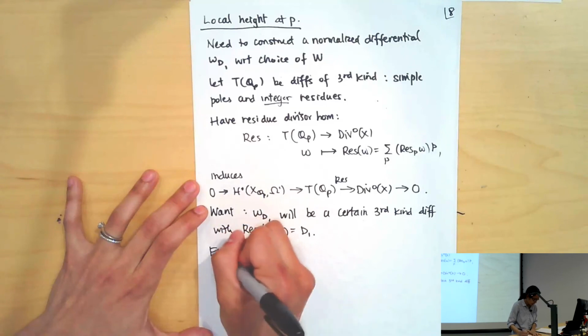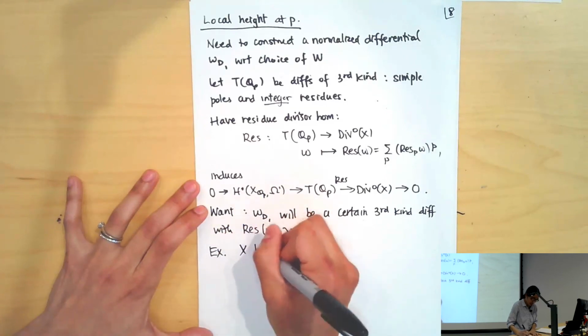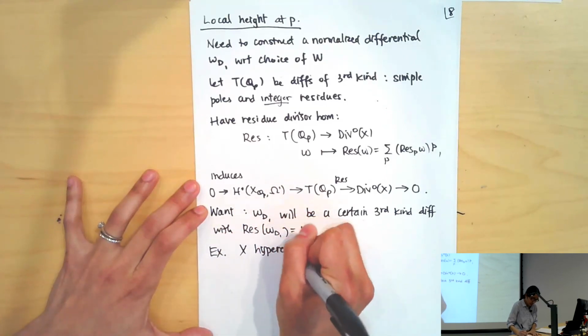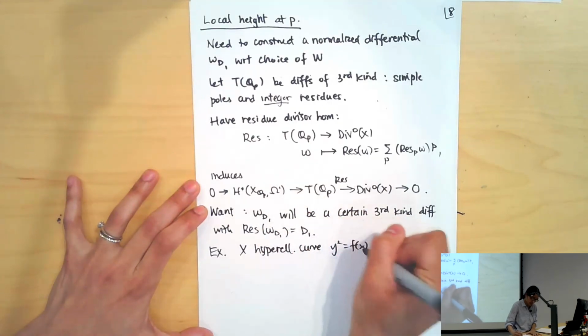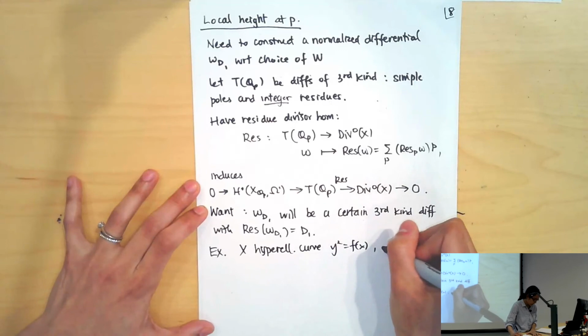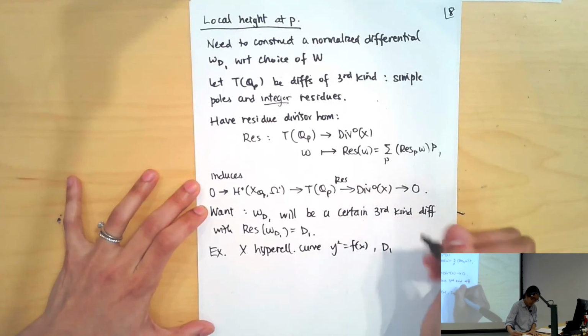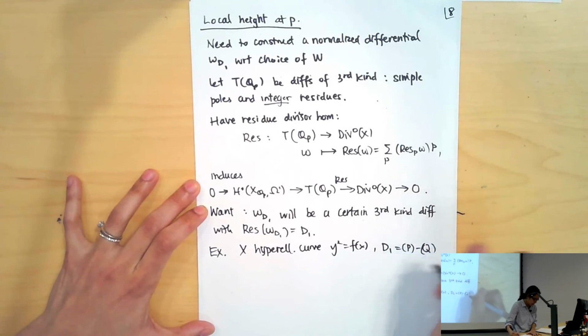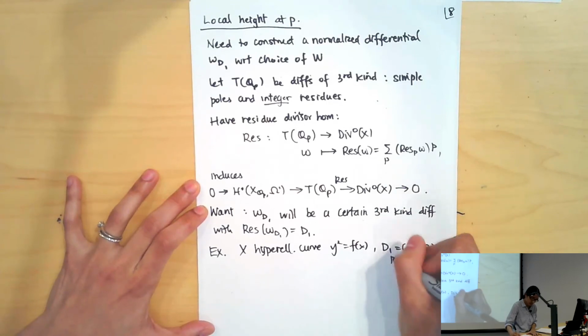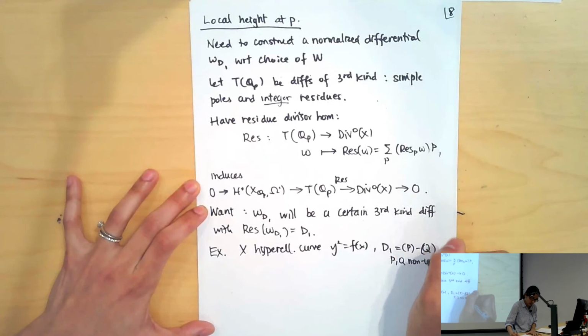All right, so let me just give an example of what this looks like. So we'll let x be a hyperelliptic curve. And suppose I pick some points. So I'm going to write down a divisor, p minus q, p and q non-Weierstrass points.